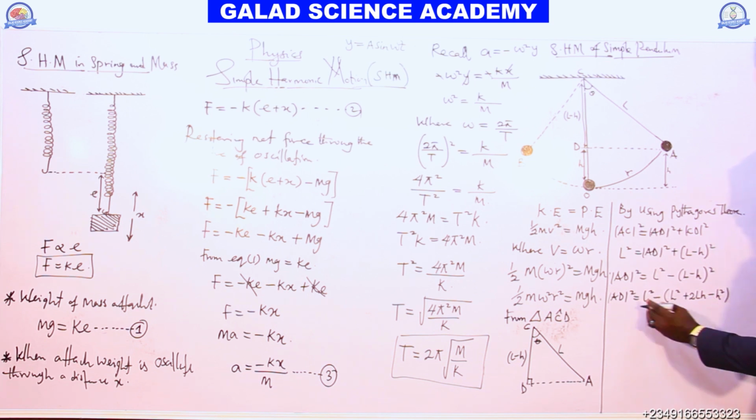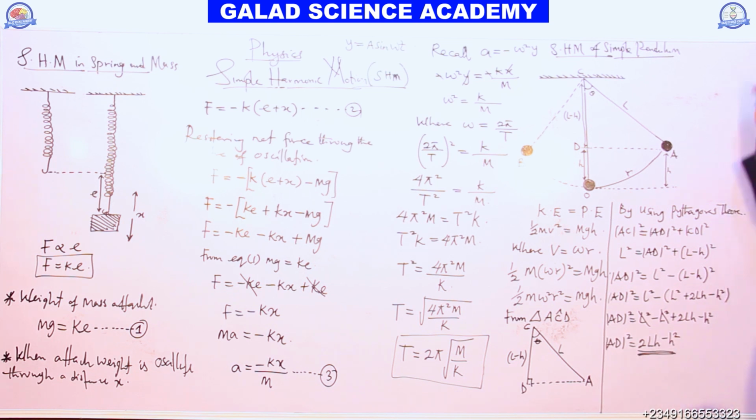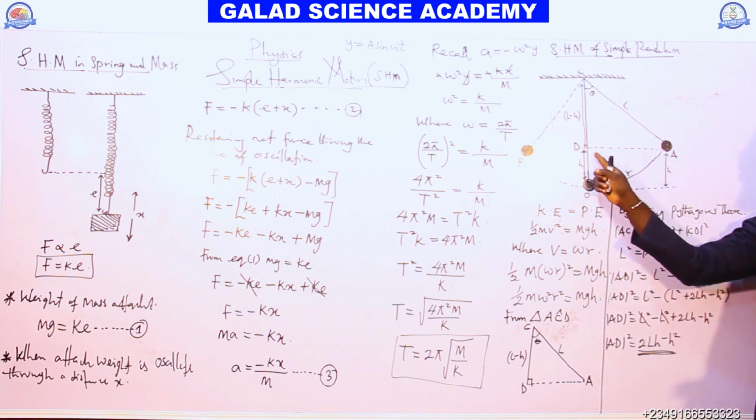So if we open the bracket, you now have AD square should be L square minus L square plus 2LH minus H square. This cancel each other. Distance AD square will be equal to 2LH minus H square. That's for the distance AD.